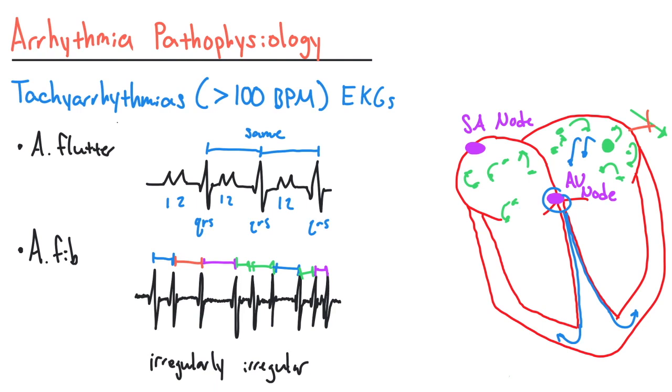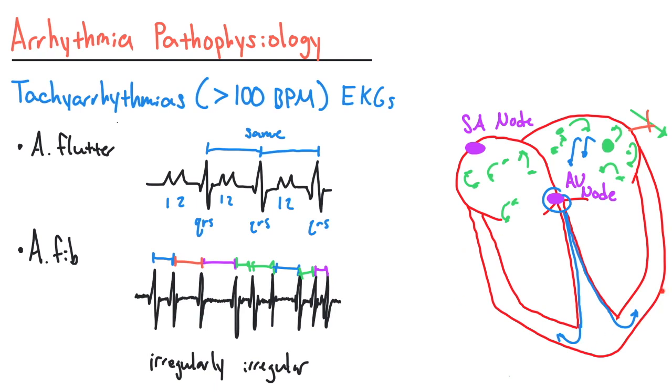So essentially, you'll see either absent or this very jagged, almost sawtooth look to the P waves in atrial fibrillation, and this irregular interval between the QRS complexes. While all of this is very chaotic up in the atria, it does end up going down into the AV node in the absence of anything else weird and conducting normally to the ventricles.